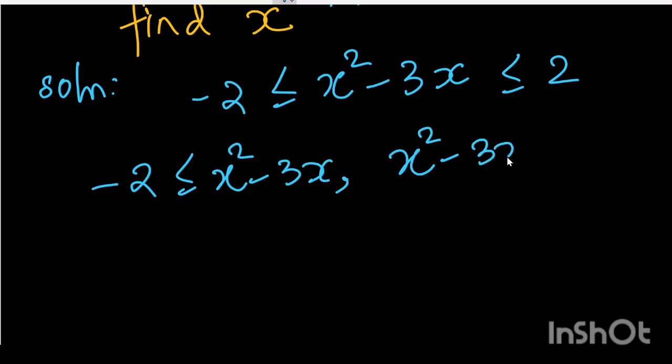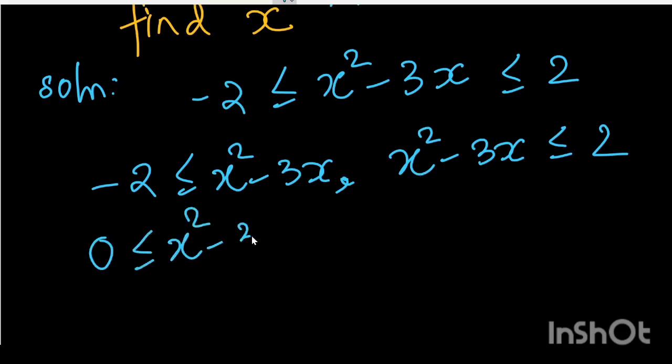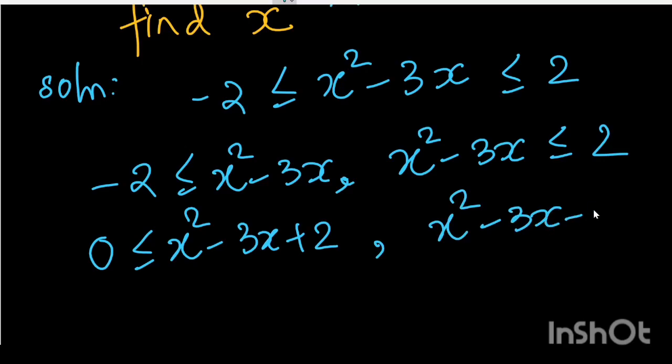Since it's not linear, we cannot solve it simultaneously, so we will split it into two inequalities. Comma means we have to take the intersection of whatever we get after solving these two inequalities. Now we will separately solve each one of them. The other is x square minus 3x minus 2 less than or equal to 0, guys.